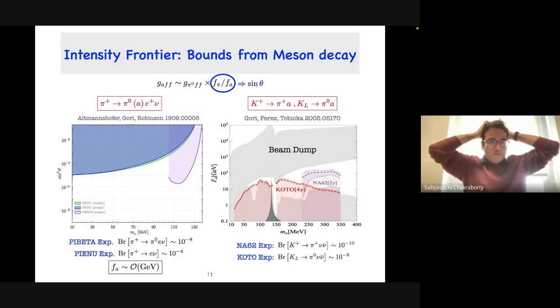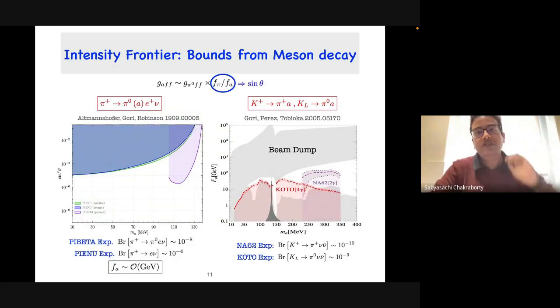Okay, so one of the bounds comes from pion decays, for example, and these are old experiments, but which people considered very recently. As I said in the beginning, if the pion talks to leptons or quarks, any fermions, the axion would also talk to them, but with a suppression.